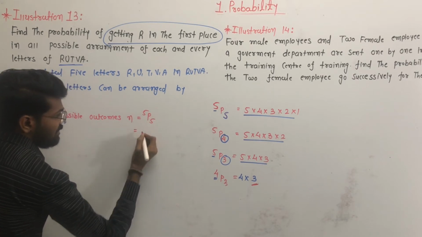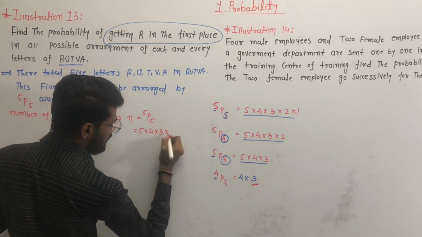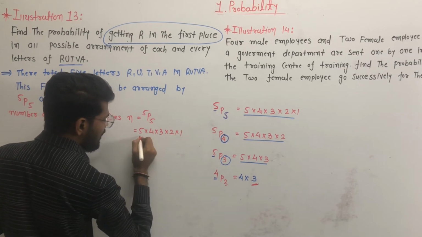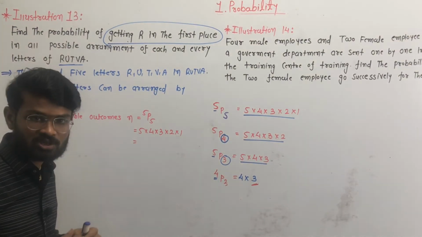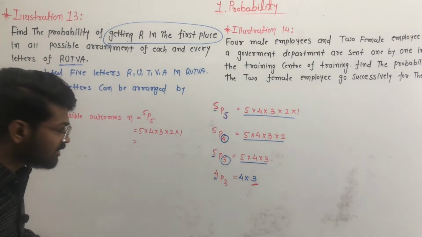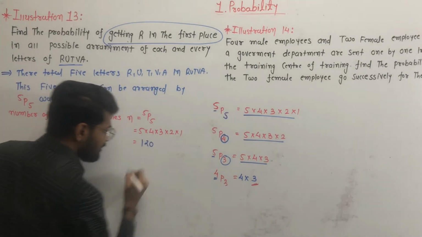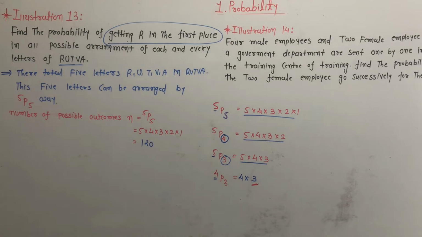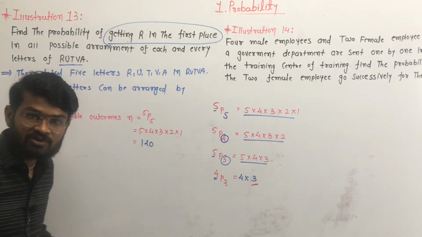And 5p5 is equal to 5 multiplied by 4 multiplied by 3 multiplied by 2 multiplied by 1. 5 multiplied by 4 is 20, 20 into 3 is 60, 60 into 2 is 120, 120 into 1 is 120. So we can arrange these 5 letters in 120 ways.